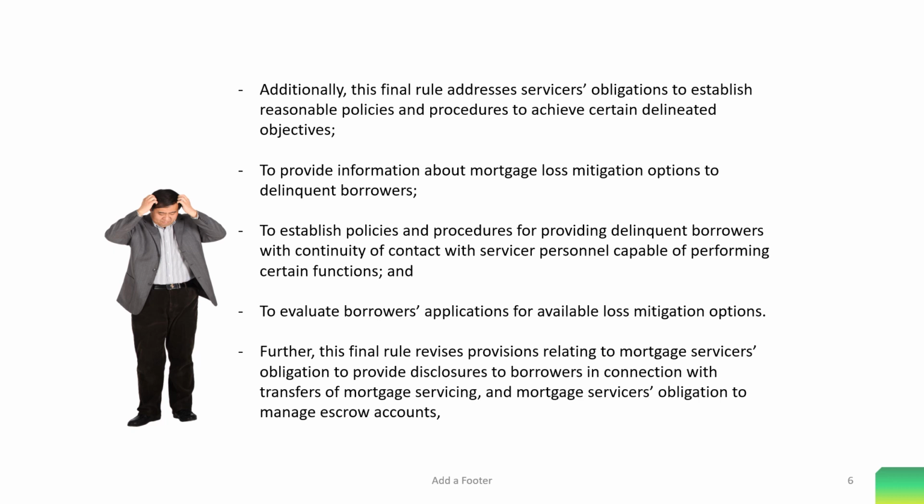Further, this final rule revises provisions relating to mortgage servicers' obligations to provide all disclosures to borrowers in connection with the transfer of mortgage servicing, and a mortgage servicer's obligation to manage escrow accounts, which refers to accounts held for servicing interest and taxes. So that just about wraps it up.